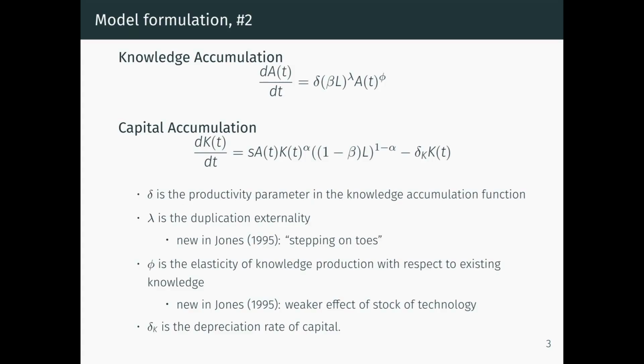And since we defined consumption as 1 minus s times total output, s, the savings rate times total output, is just investment in capital goods, minus delta K, times the stock of capital, is depreciation in time period t.